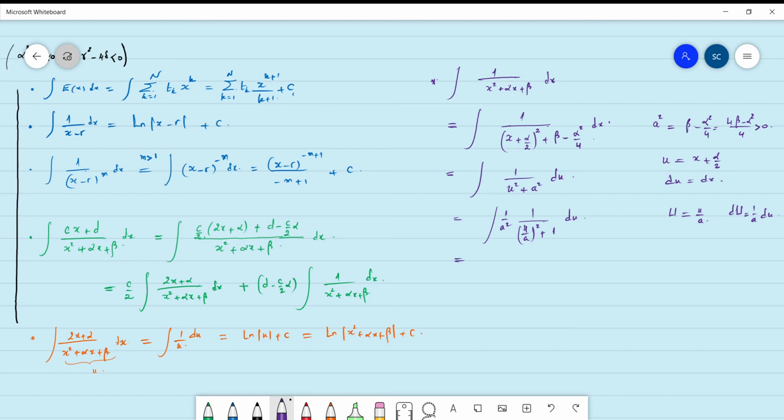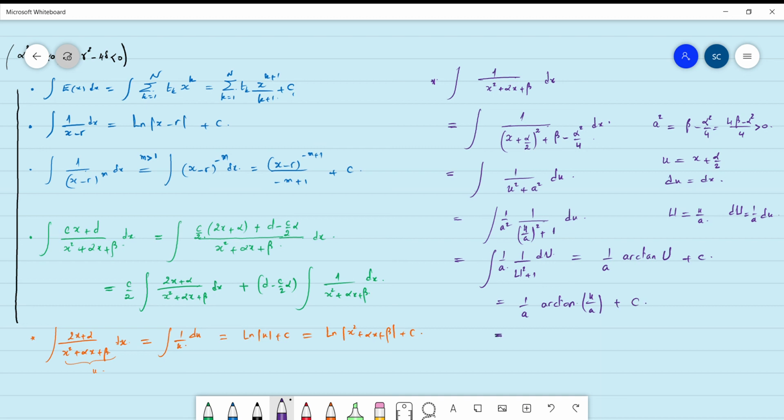Then it is reduced to the integral of 1 over a, dU over U squared plus 1, and this is exactly 1 over a arctangent of U plus a constant, which is 1 over a arctangent of u over a plus a constant.